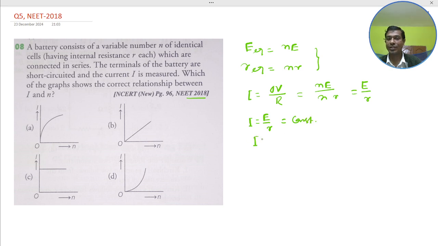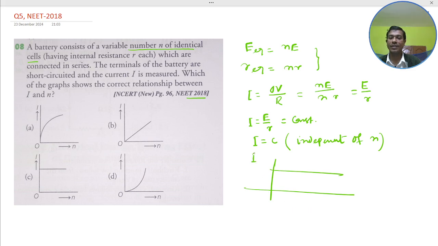So I is constant, or independent of n, n being the number of identical cells. I does not depend on n. So basically this would be the graph with I constant along the n axis. So C would be our correct answer.